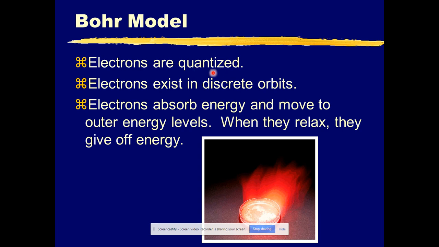We have a lot of evidence for that, most importantly, the line spectra. So this point here is incorrect. This third point is still accepted today. As long as we don't think of the energy levels as orbits, this is still accepted today. And that when we put energy into the atom, the electrons move to outer energy levels, then they relax, and they give off energy.